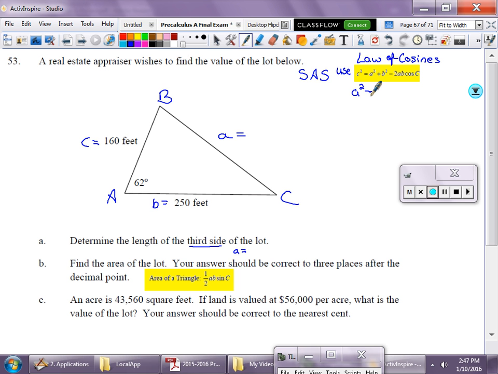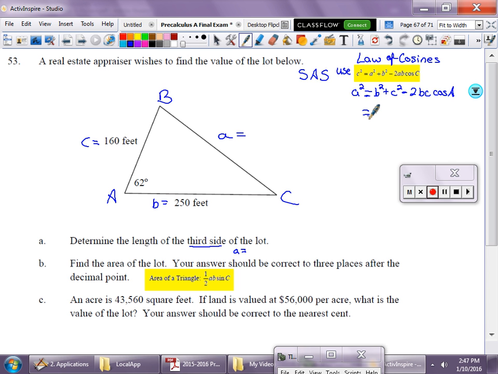It's the other two unused, which is B squared plus C squared minus the two that are given here, which is 2BC cosine of A.